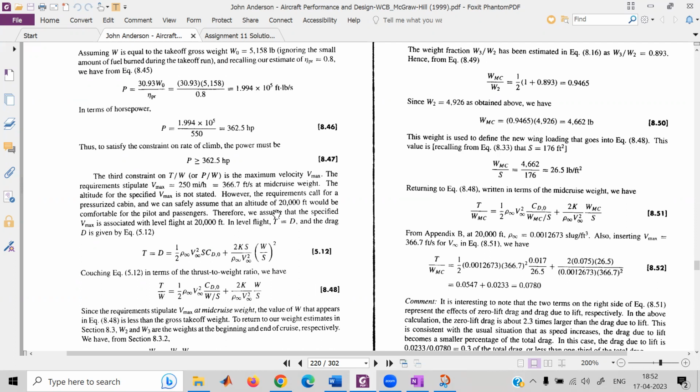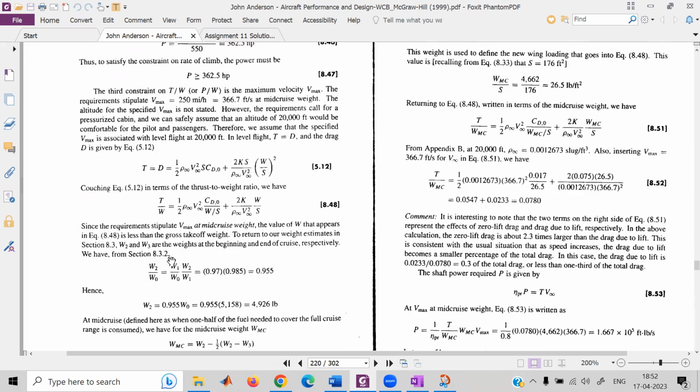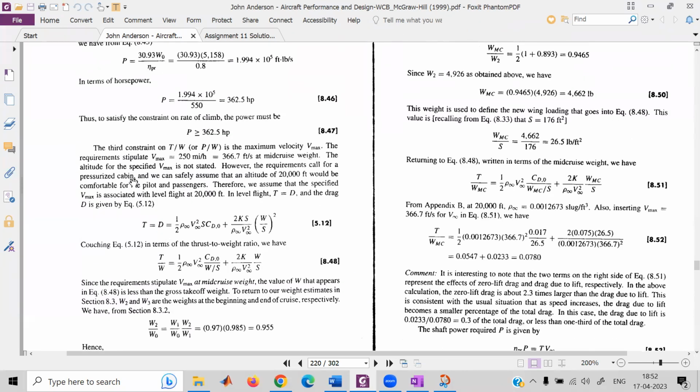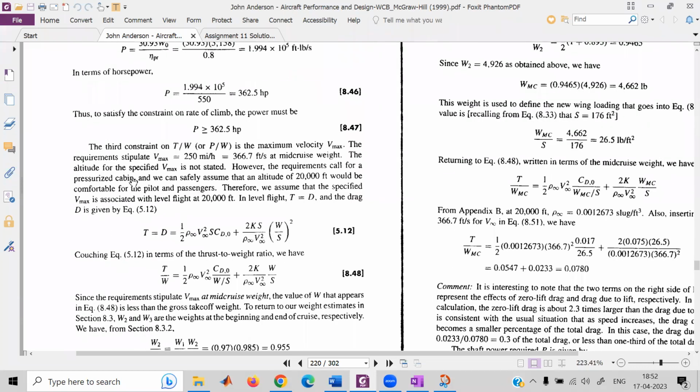So what happens in cruise is thrust is drag, right? Thrust equals drag. We put this expression using drag polar, and we substitute the CL in terms of weight, and we have this thrust to weight ratio. It also says that this maximum velocity is at mid cruise weight, not at the takeoff weight.